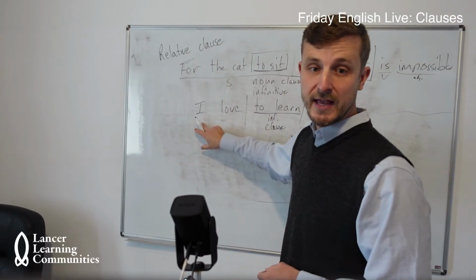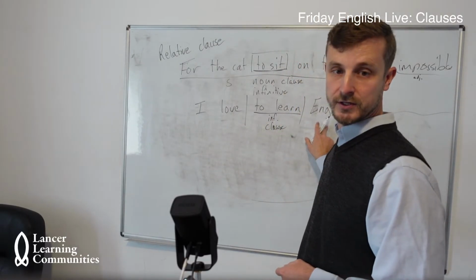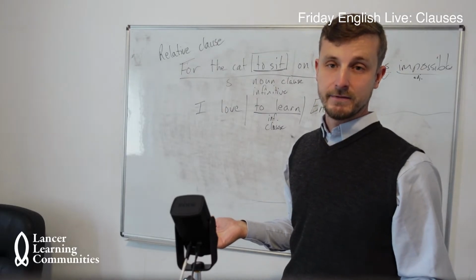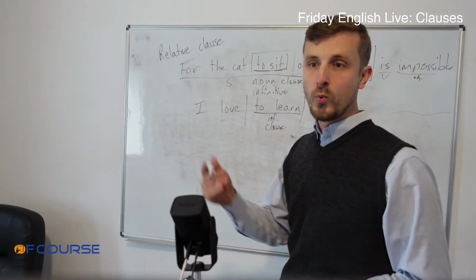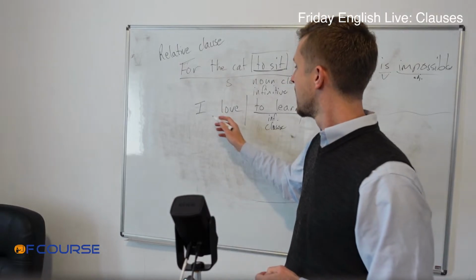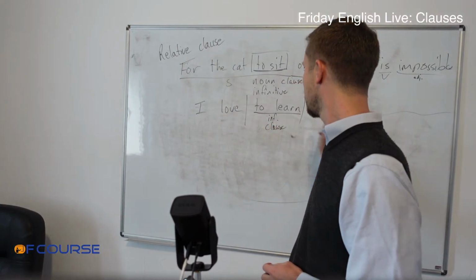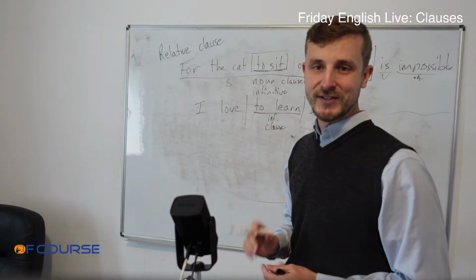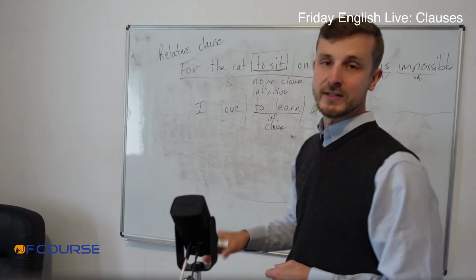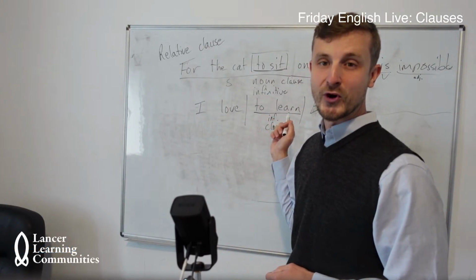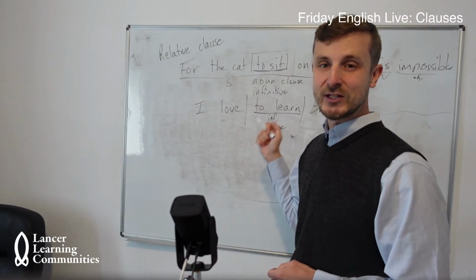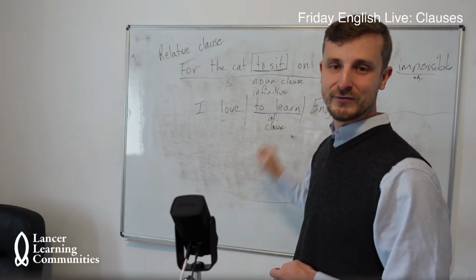So you can just say, I love English. That is a phrase by itself. When we put in, I love to learn English, then we have a clause in our sentence. And it's an infinitive clause because the verb for learn is to learn. It's in the infinitive form.